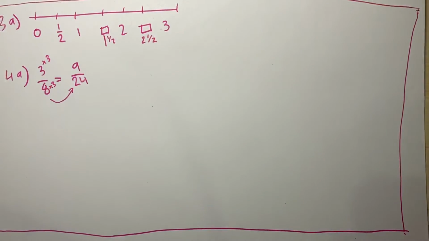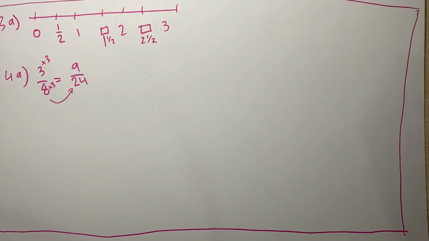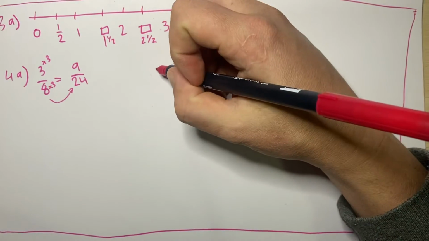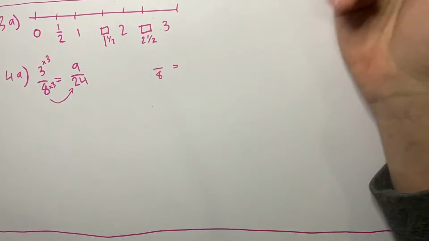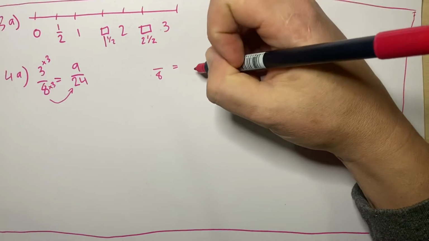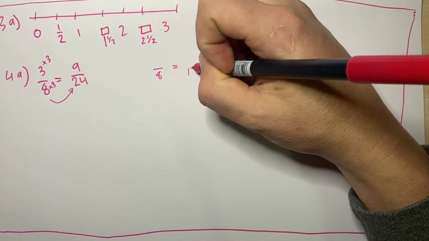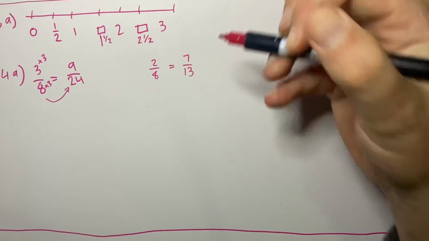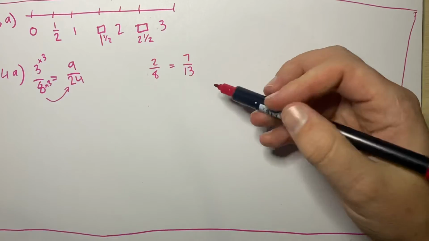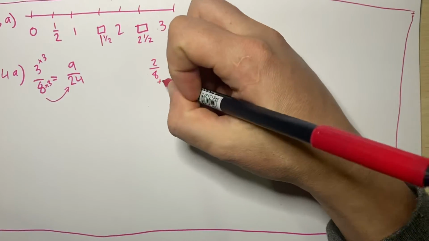Okay, I know in some previous lessons we've done some work where the denominators aren't multiples, so we might have 8 there, and then we might have, say, 13. It might be 2 over 8 and 7 over 13, and you need to multiply both sides. So here we will times by 13.